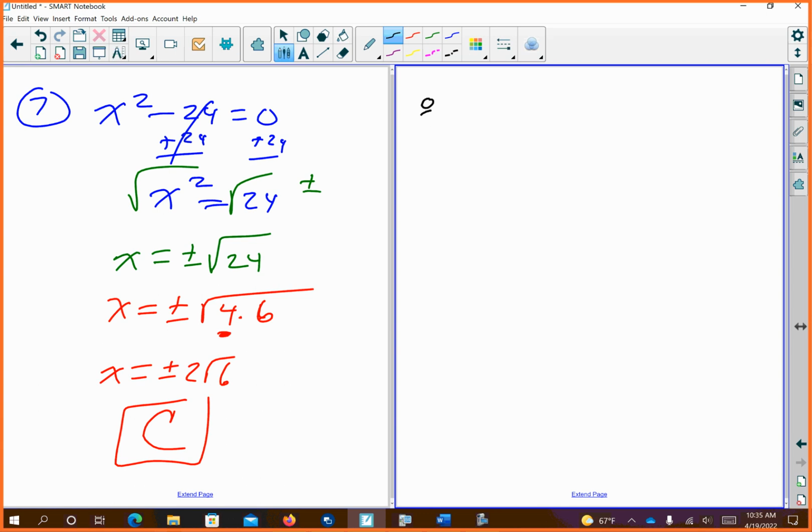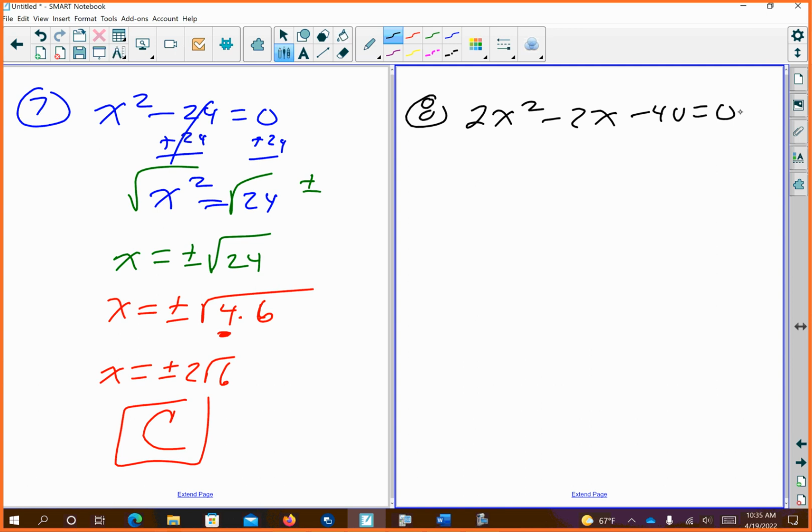Number 8. I get 2x squared minus 2x minus 40 equals 0. You can use whatever method you want on this, but before I go any further on this problem, I would divide everything by what? 2.